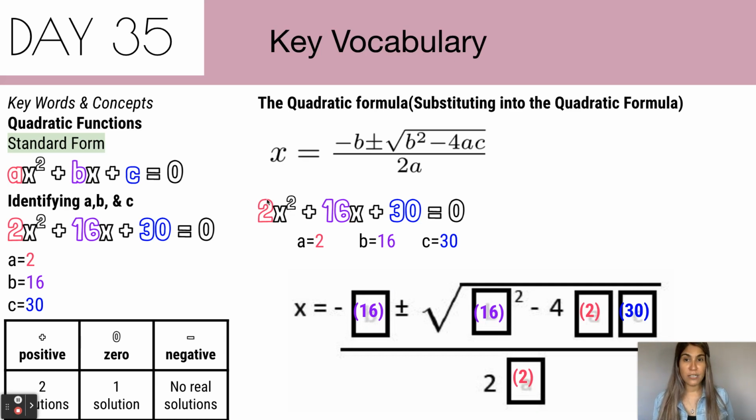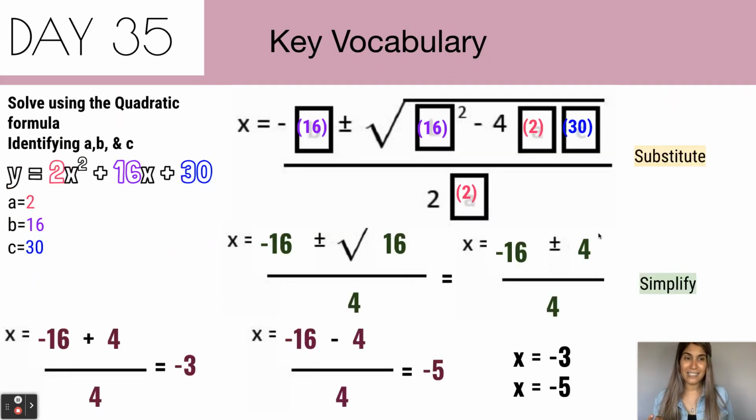Again, stressing those key concepts of standard form, making equal to 0, and what numbers are your A, your B, and your C. Now in this one, I show them how they substitute into the quadratic formula. And then in the next slide, they can see how you substitute, you simplify, and solve.